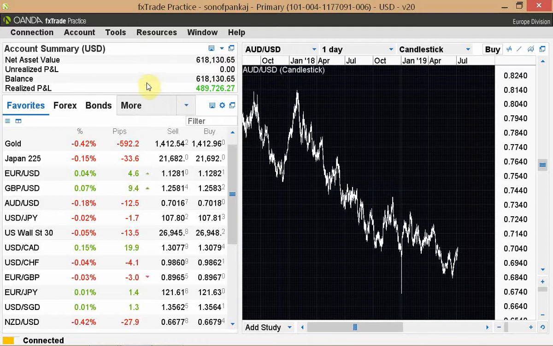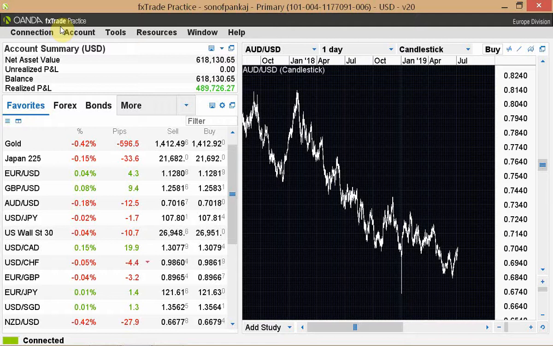If you see Aussie here, Puneet, does this mean 1 US dollar is equal to 70 Australian cents? Vittal, do you agree with your friend? Actually, it's 0.7 US dollars for 1 Aussie dollar.